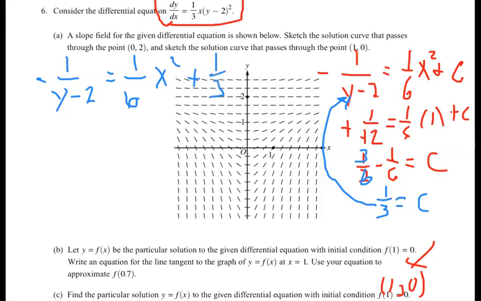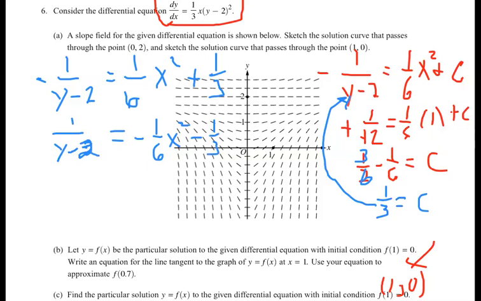Now what I'm going to do is divide each side by -1. So that's going to equal, so that's supposed to be a 2 there, -1/6 x squared minus 1/3.